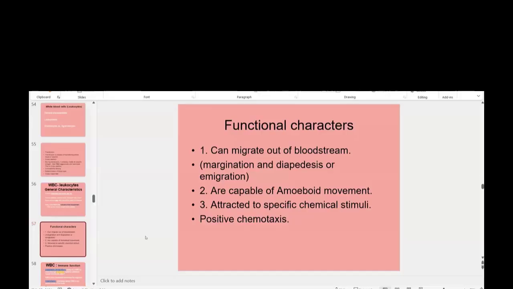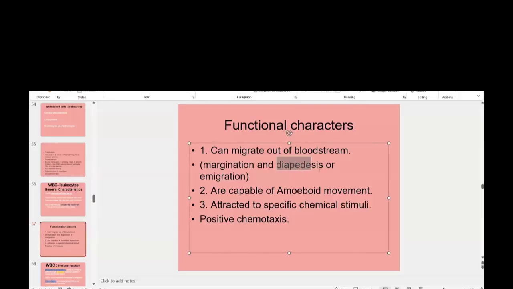So functional characters: they can migrate out of the bloodstream, as in the example I just gave, and that is called margination and diapedesis, or emigration. You may face a question like, what is diapedesis?